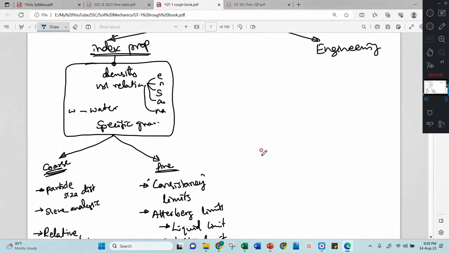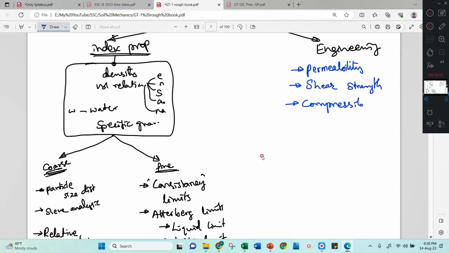Then after that, we have engineering properties. The first one is permeability. The second one is shear strength. The third one is compressibility. In that one we have consolidation.